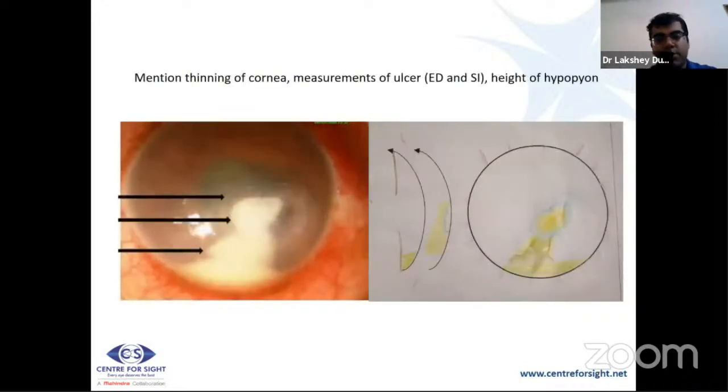Corneal ulcer, you show a stromal infiltrate with yellow, epithelial defect with green, surrounding edema with blue, circumciliary congestion with red, and a hypopyon. You should always mention thinning of the cornea, measurements of epithelial defect and stromal infiltrate, and also height of hypopyon in millimeters.